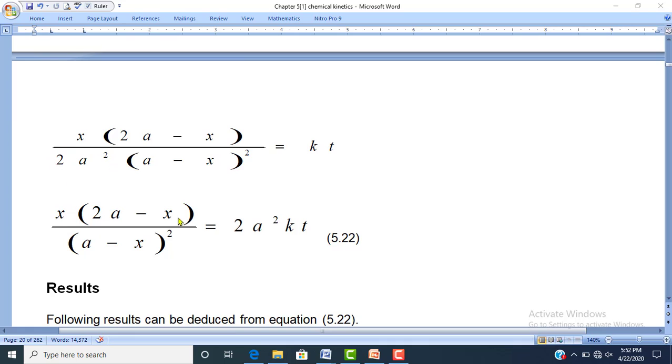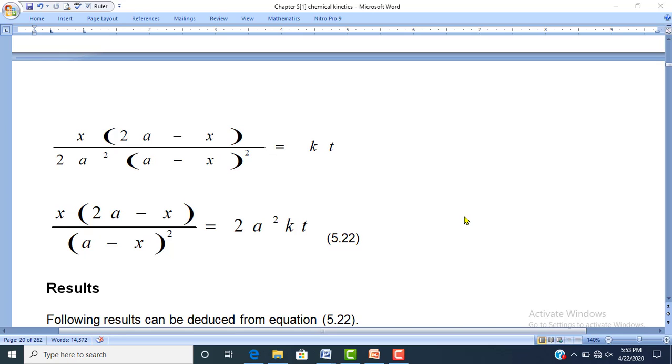Now multiply both sides of the equation with 2a square. This will be cancelled, and kt will be multiplied with 2a square. So we got equation 5.22, and according to 5.22, the equation will be x into (2a minus x) divided by (a minus x) square is equal to 2a square into kt.